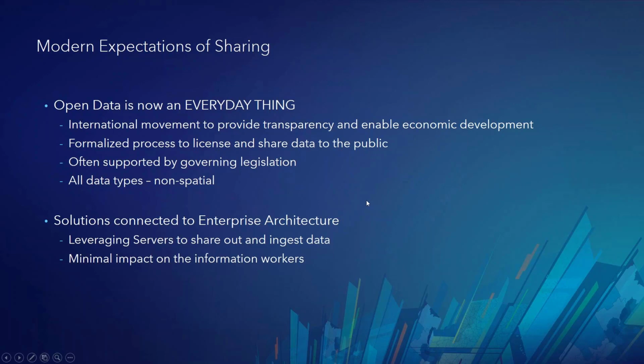And the goal of our open data solution is to be connected to your enterprise architecture. So you shouldn't have to move your data into another system to share it out as open data. It should sit right next to where your business systems already live. So there's minimal impact on the information workers who are providing that open data.